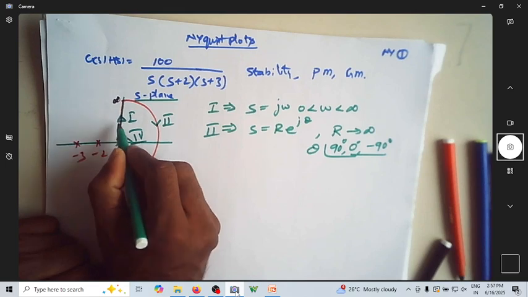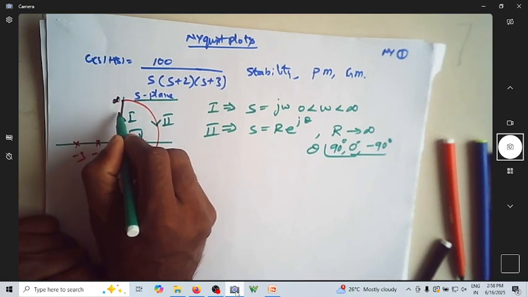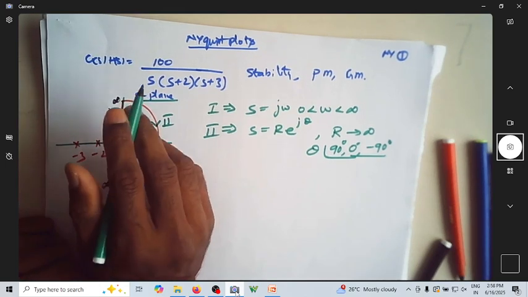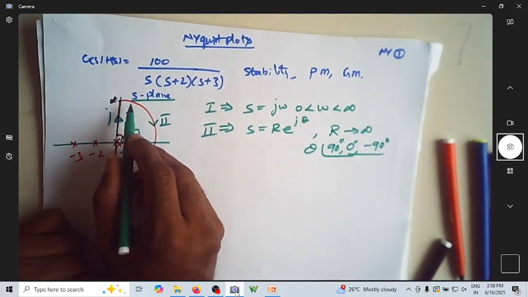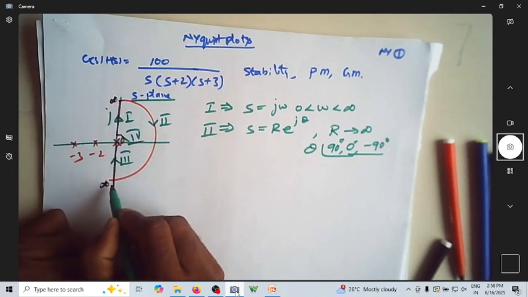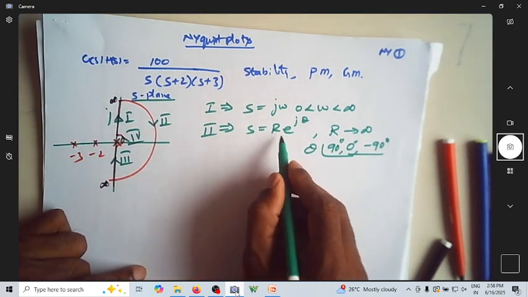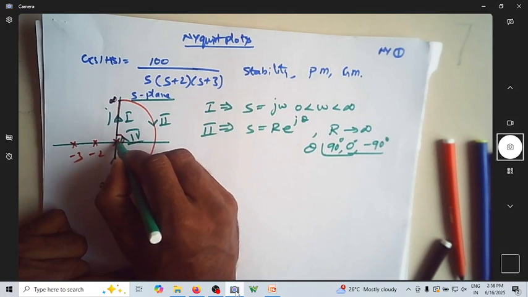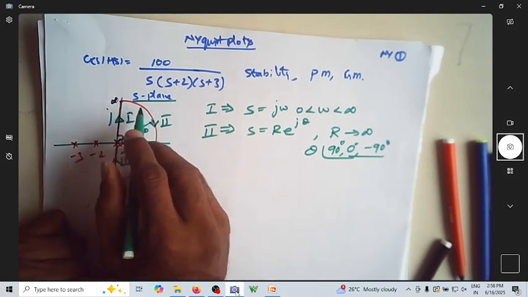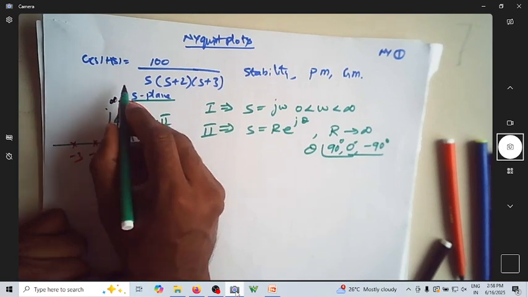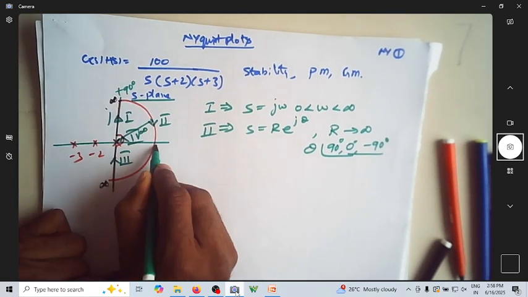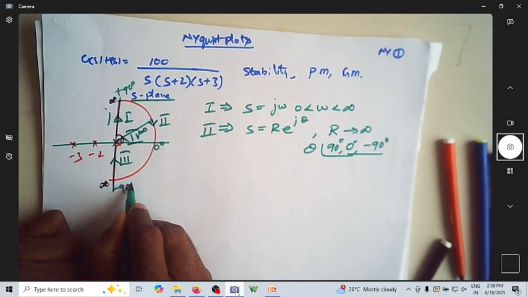This is from the positive imaginary axis, and this entire segment is r e power j theta, where the magnitude tends to infinity, and the angle is plus 90 degrees, 0 degrees, and minus 90 degrees.